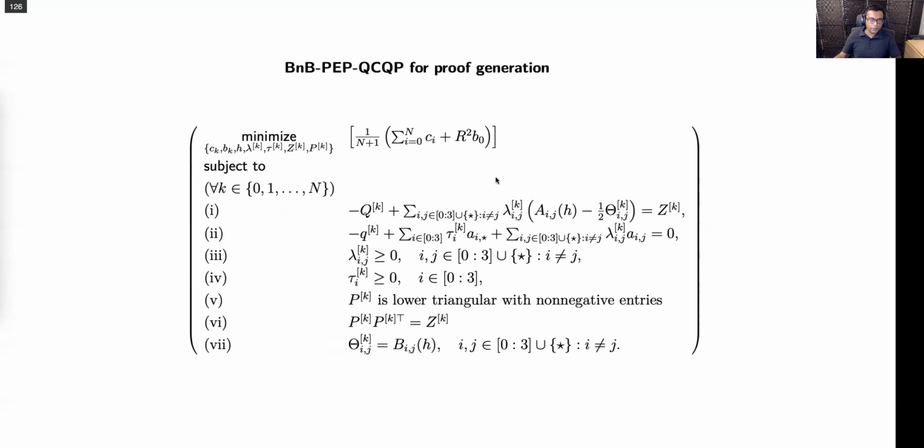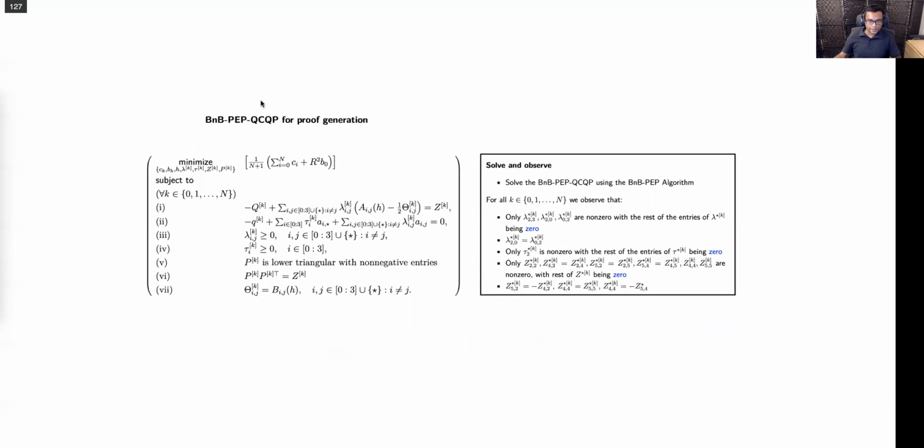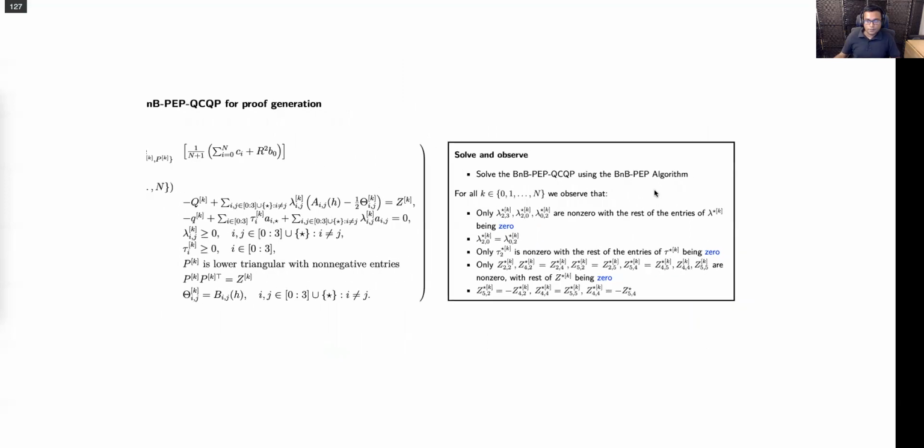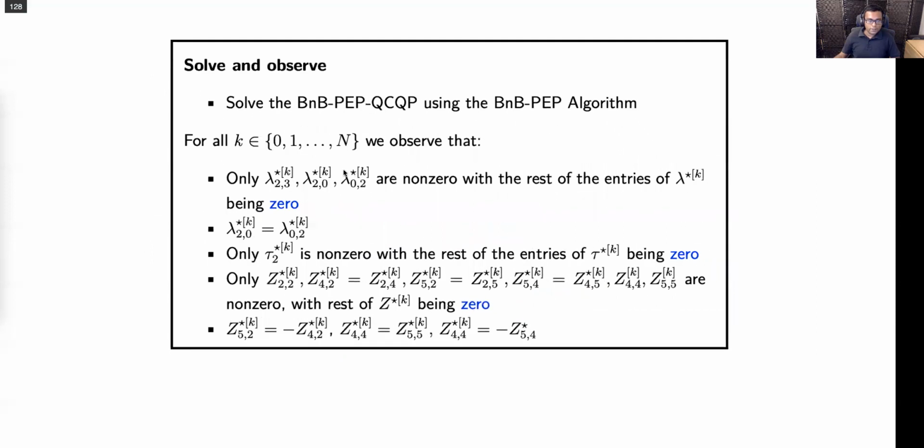Okay, so at this point, we minimize this using our BnB-PEP algorithm. And then we try to find the sparsest solution through the polishing approach. After we have solved this, we see the following pattern: for all of these k's over the iterates 0 to N, only a few of the decision variables are non-zero, specifically these three, with the rest of the entries of the inner dual variable being 0.